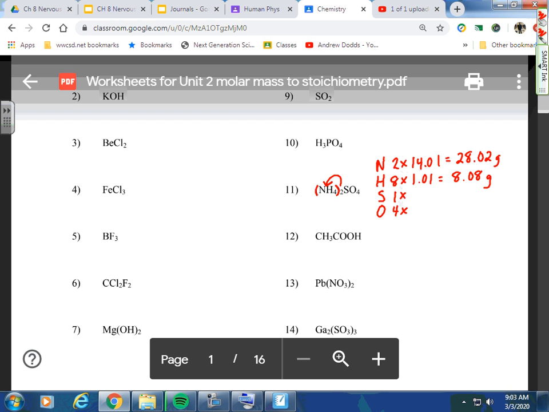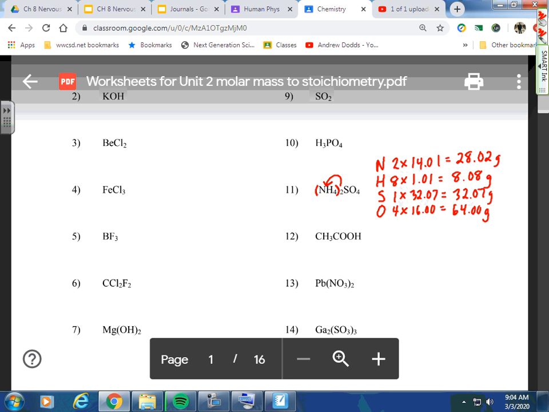Then we have sulfur, which is 32.07. That's just 1 time, so they make that easy on us. And then there's oxygen, which is 16.00, but there's 4 of them, so I take 16 and add up 4 times. It means 64.